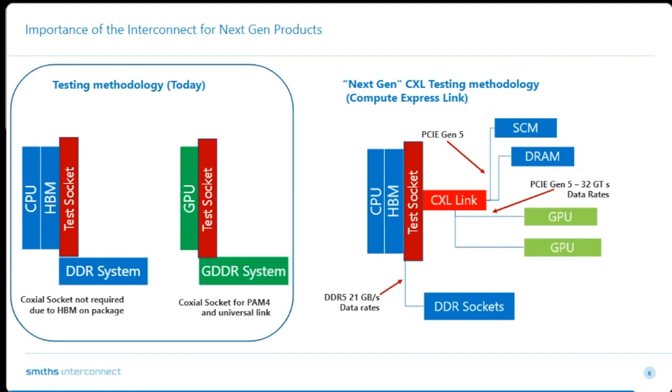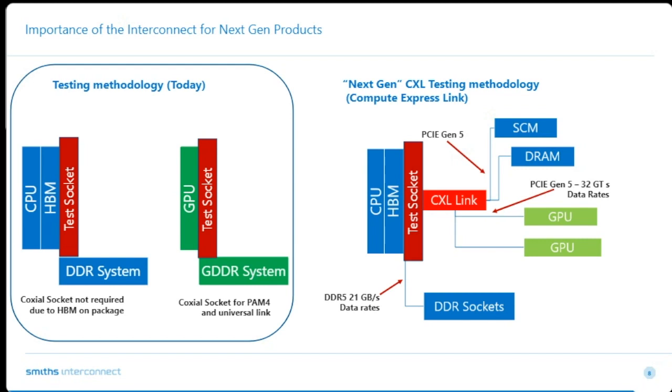As you can see here, in the traditional test methodology, we have a CPU device or server chip that would have a CPU core, the HBM, which is assembled on the substrate of the device. It runs through a test socket to a system board. That system board uses DDR4, DDR3 memory, which is socketed somewhere on the system board.